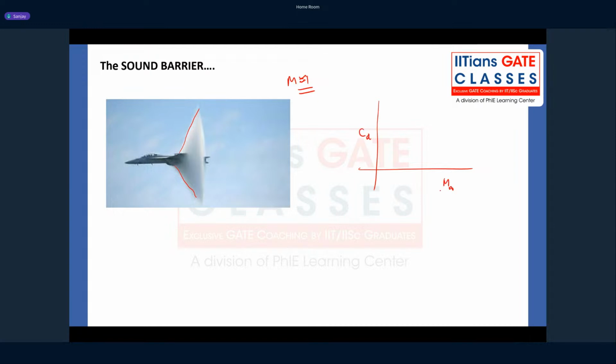People observed that if you plot the drag coefficient, CD, versus Mach number, as you increase the Mach number, the drag coefficient initially is constant. After some particular Mach number, the drag coefficient starts to rise, and exactly at Mach equal to 1, the drag coefficient is at its peak.